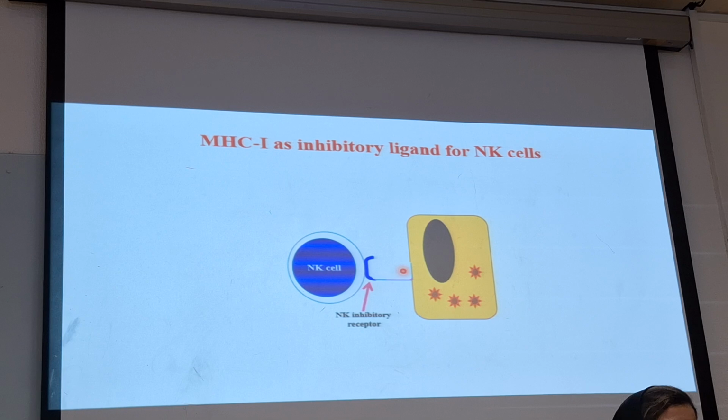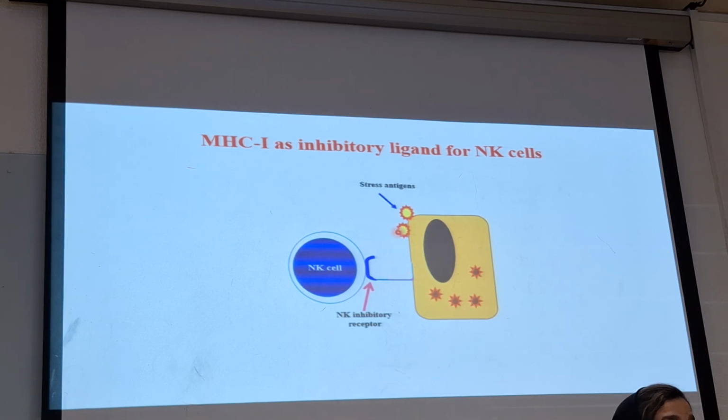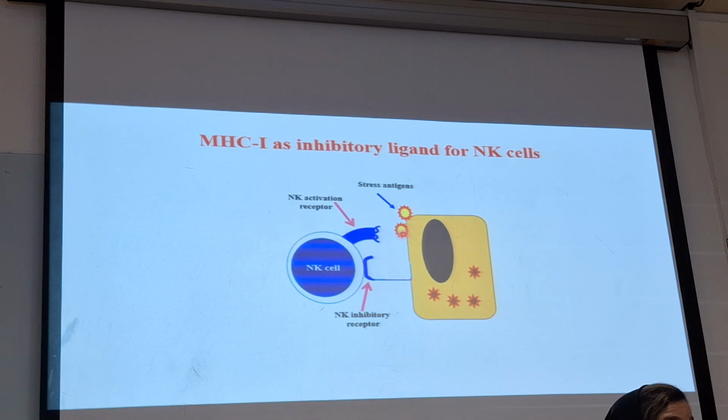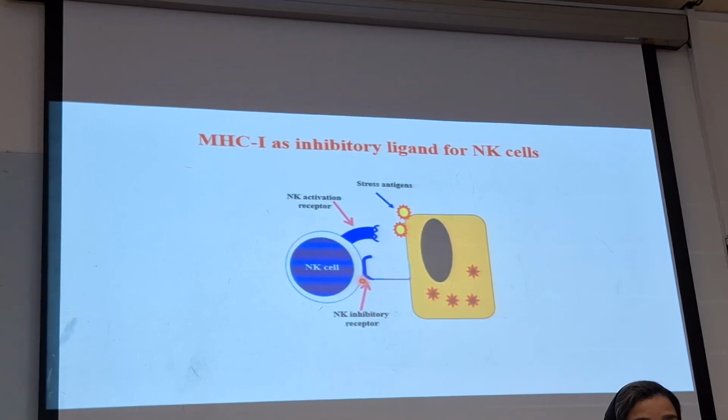On the contrary, they express a lot of stress proteins on their surface, and these stress proteins act as ligands for activating receptors on the surface of NK cells.